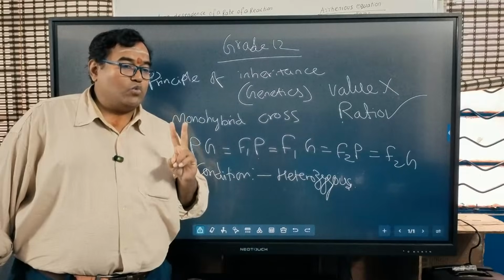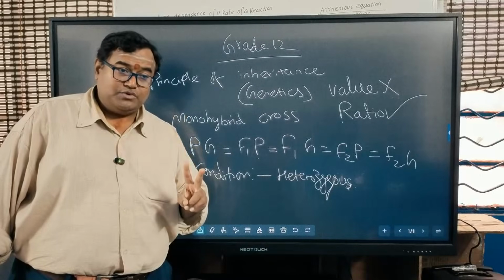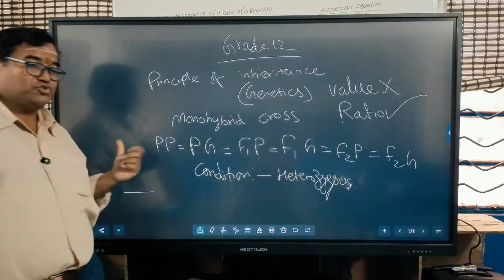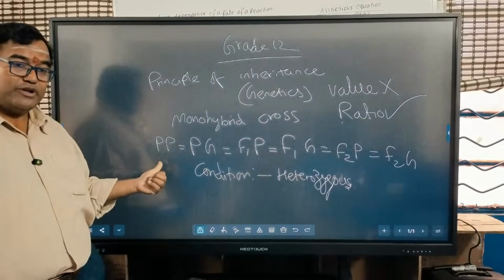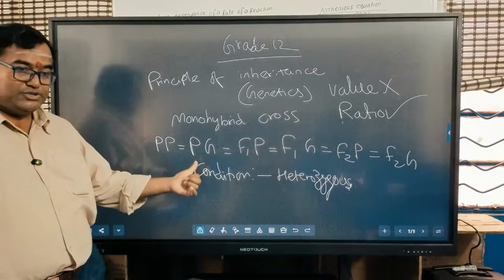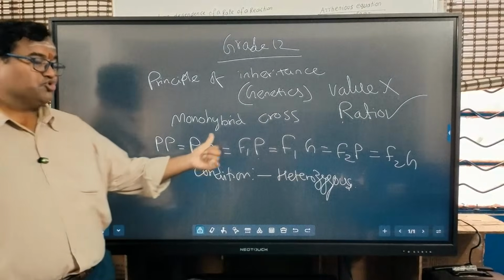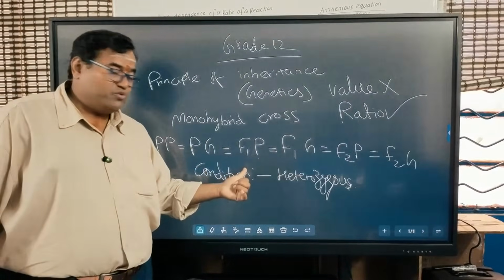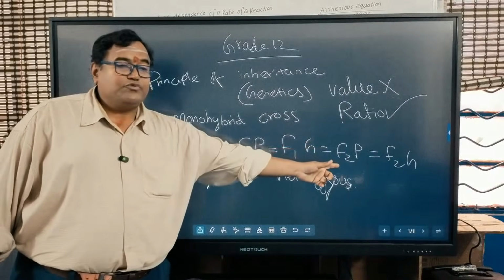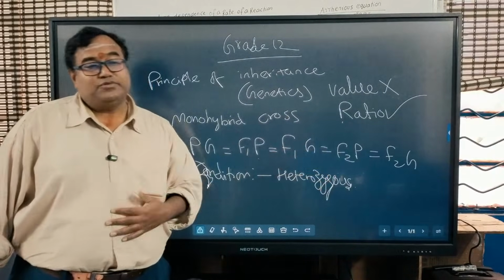Condition 2, I don't want any value, I need only the ratio. Ratio is different, value is different. The ratio for all these should be the same. That means the parental phenotype ratio should be equal to the parental genotype ratio, the F1 phenotype ratio, the F1 genotype ratio, the F2 phenotype ratio, and the F2 genotype ratio.